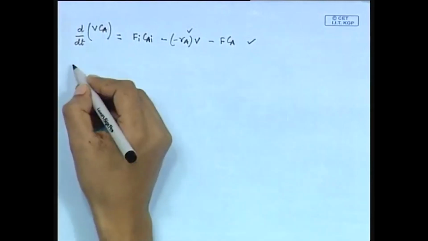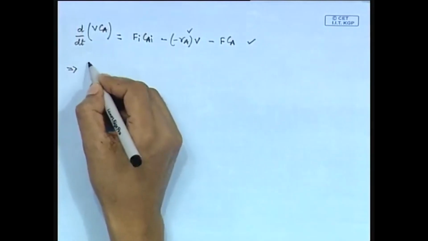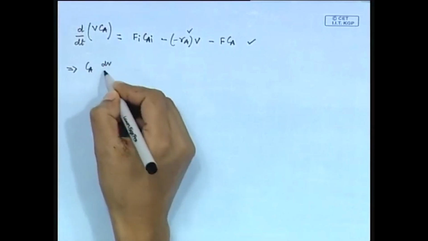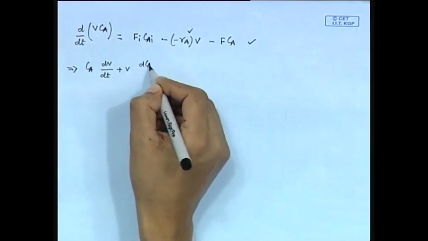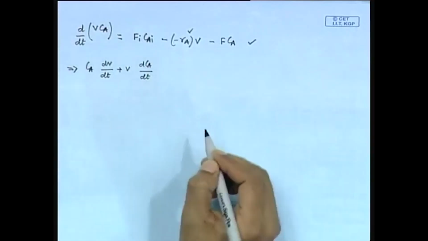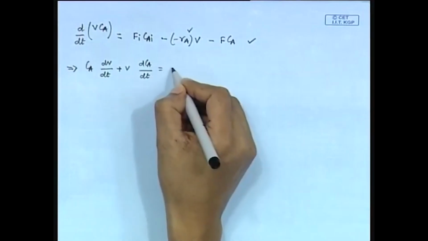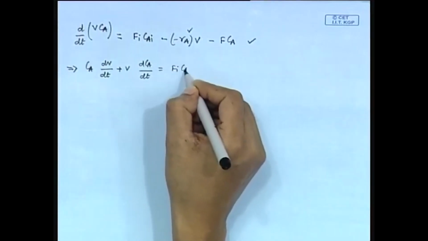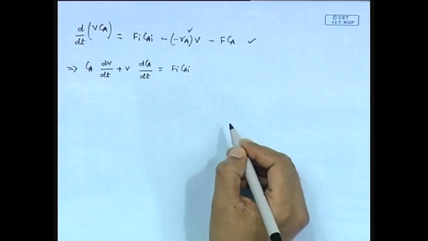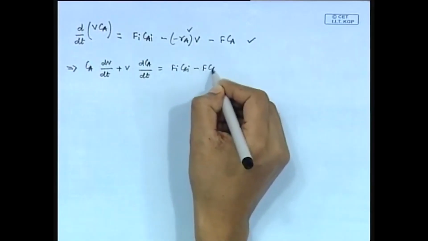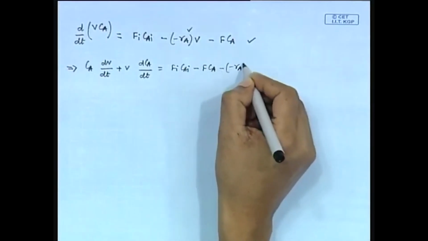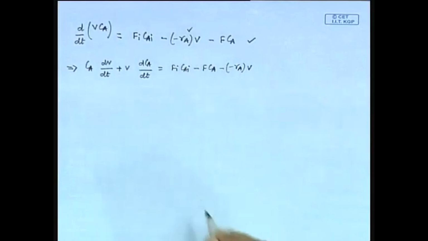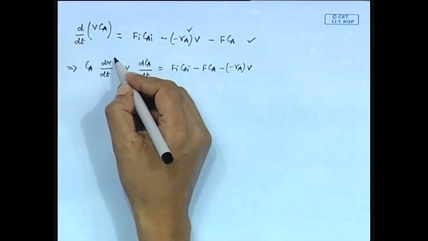Fine. Now, we can write this equation in this form: Ca dV/dt plus V dCa/dt equals Fi Cai minus F Ca minus minus of Ra into V. Now, we know the dV/dt term.